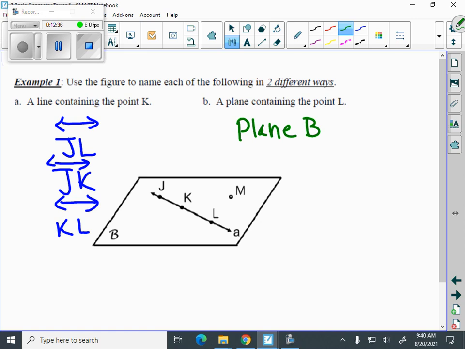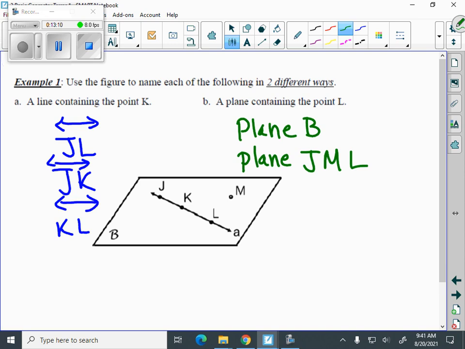So you can't say plane JKL because J, K, and L are all on the same line. But we can say something like plane JML because those 3, J and L, are on the same line, but M isn't. 3 non-collinear points.